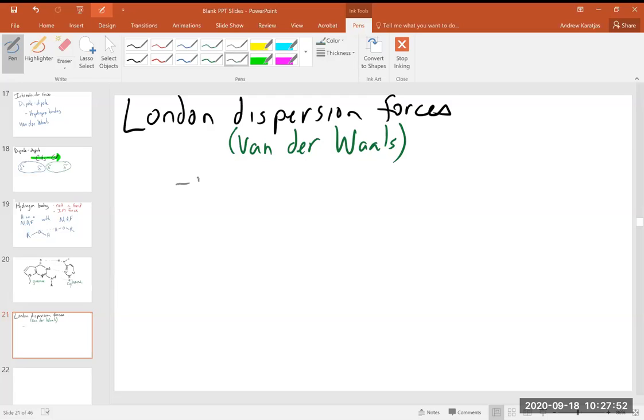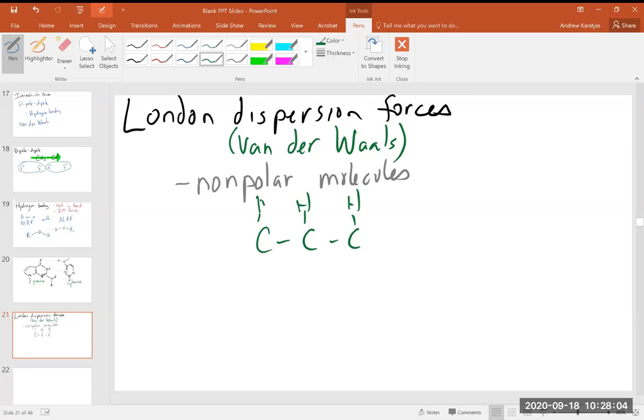And that's because these are what occur in nonpolar molecules, such as a hydrocarbon. So here's propane. Carbon and hydrogen, though, are of extremely similar electronegativities. And so because of that, there are no polar bonds.